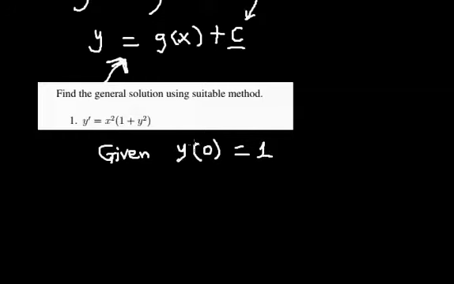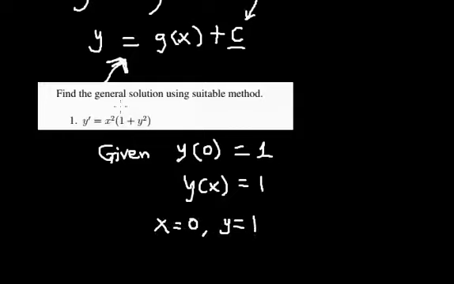So when you see me writing y of 0, it simply means expressing y as a function of x, y of x is equal to 1. So that simply means that anytime x is equal to 0, then y is equal to 1. So that is what this initial value problem is.